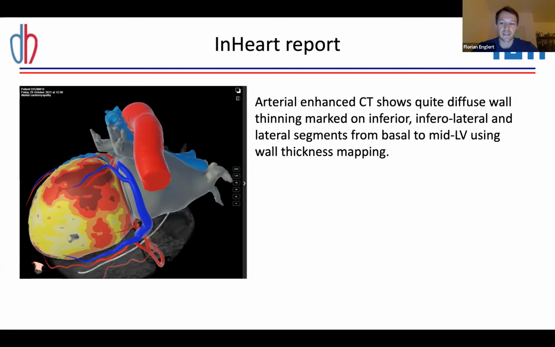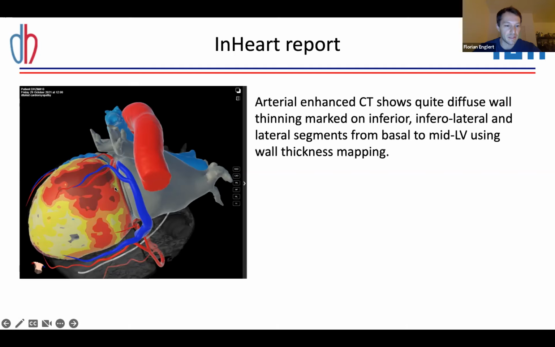So we decided to do a late enhancement CT with the patient and to send it to the inHEART platform. And what we got from there was the report of this diffuse wall thinning, especially on the inferior and posterior LV wall.